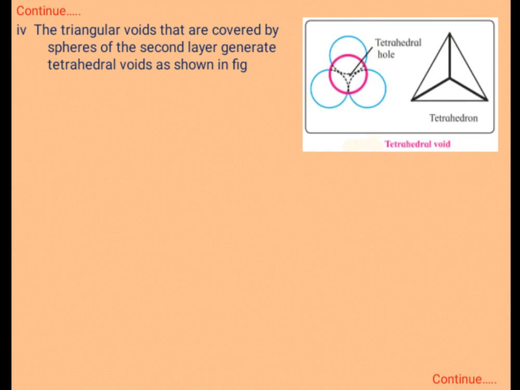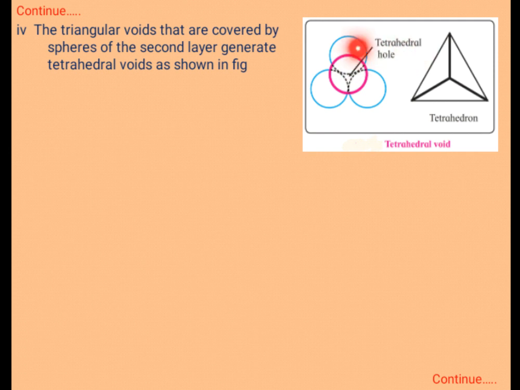In this case, this empty space is a triangular void, and these four spheres, three from the first layer and one from the second layer, form a tetrahedron. At this time, the empty space is observed. This empty space is called a tetrahedral void or tetrahedral hole.